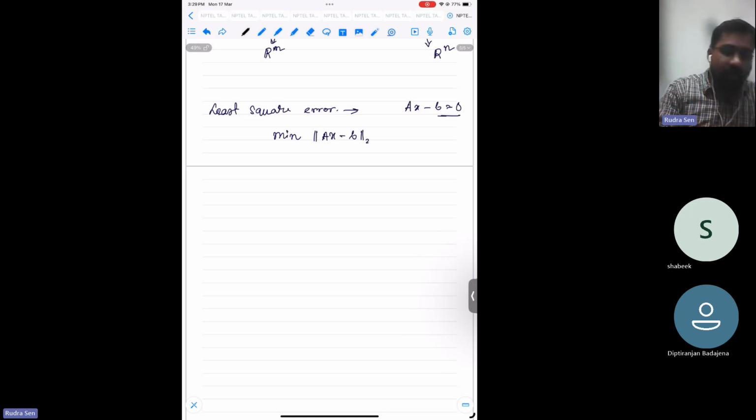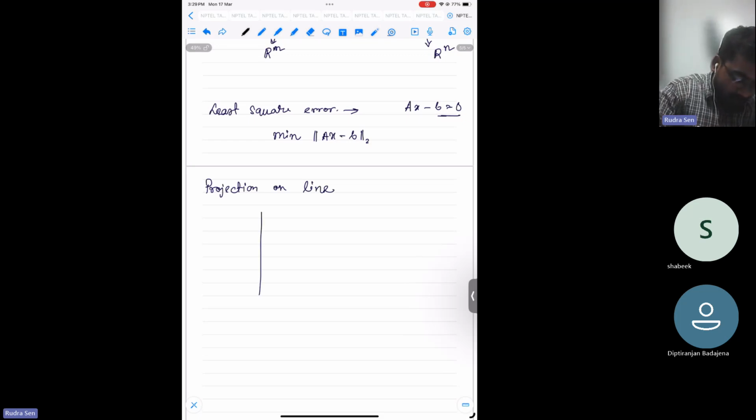So this is basically related to the projection on a space. We have studied projection on a plane, and projection on a line. So what was the projection on a line?